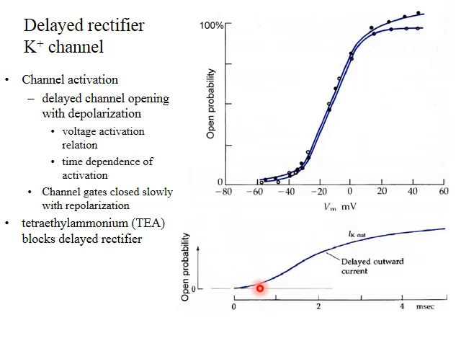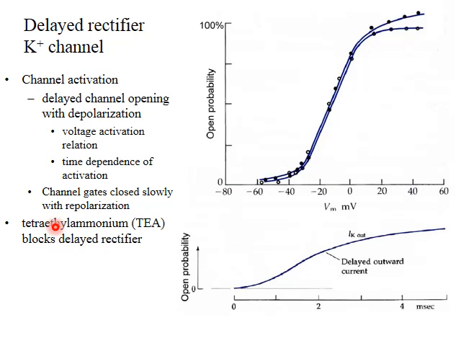One channel might open very quickly after we depolarize, whereas another potassium channel might take 3 milliseconds before it opens. So what we're looking at here is the average open time of all of the channels, and we can see that on average it takes a fairly long time, several milliseconds, to open.